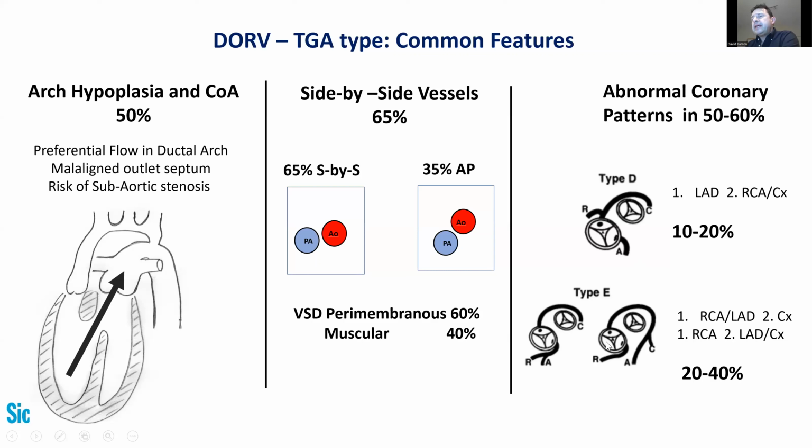And type E is where the circumflex comes off on its own from sinus 2 and runs behind the pulmonary artery. So common to get these abnormal coronary patterns. And of course, we know that makes the arterial switch a little bit more challenging. So the more side by side the vessels are, the more likely you are to have abnormal coronary patterns. If they are more AP in relationship, then you're less likely to get the abnormal coronary patterns.